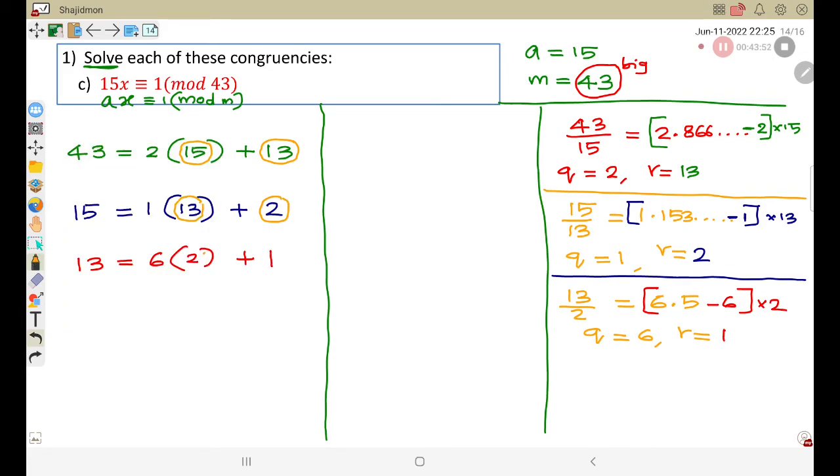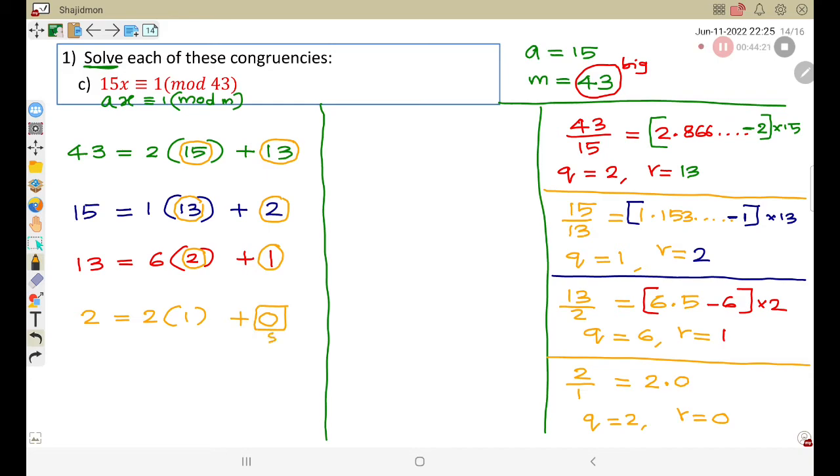Now we take the numbers 2 and 1. So 2 divided by 1 means 2. There is no fraction, so 2.0. So the quotient is 2, remainder equal to 0. Correct? So how can we write the last step? 2 equals 2 multiplied by divisor 1 plus remainder 0.